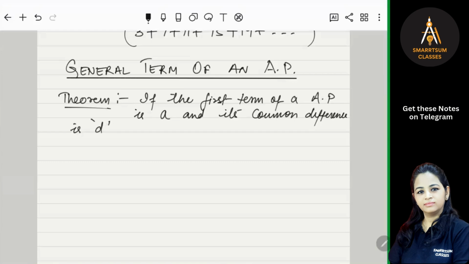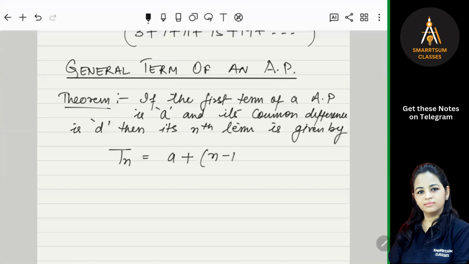D is the common difference, A is the first term. Then its nth term, Tn, means nth term, is given by A plus n minus 1 into D.